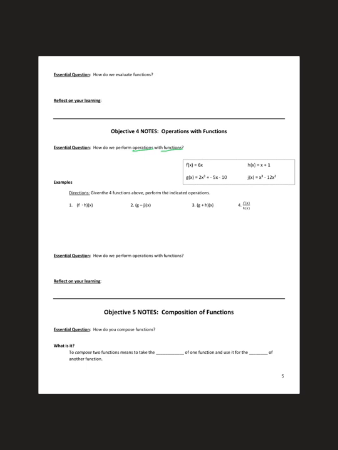Okay, so when we talk about operations with functions, we are talking about the main four functions. So that is addition, subtraction, multiplication, and division. Okay, and a function, remember, is just an equation that does a job on an input in order to get an output. So when we look at these directions, it says, given the four functions above, and we're talking about the four functions in this box, perform the indicated operations.